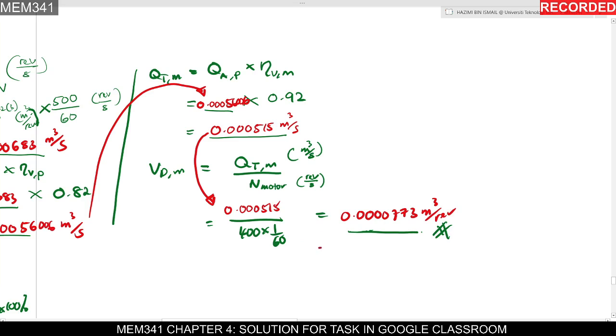Okay, if you want to convert to centimeter cube per revolution, you have to take 0.000773 meter cube and divide by 10 to the power of centi, which is minus 2, where for meter cube you have to multiply with 3.